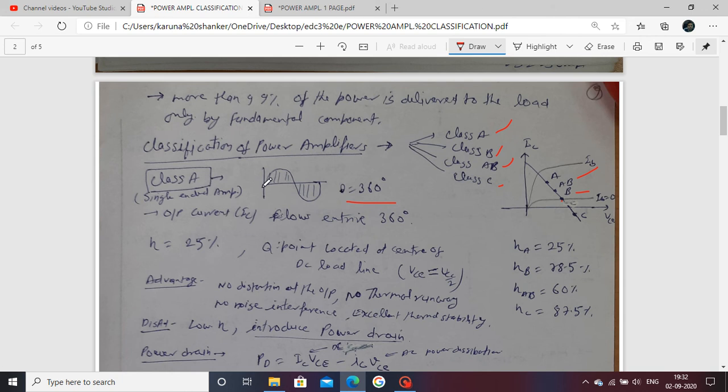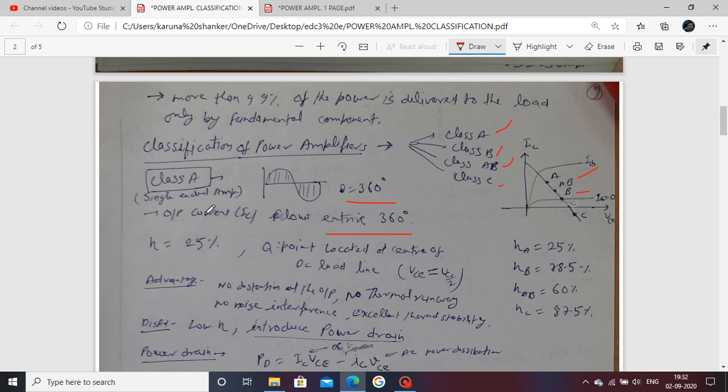Now we compare all four power amplifiers. In class A, one complete cycle of output current flows, theta equal to 360 degrees, the entire 360.